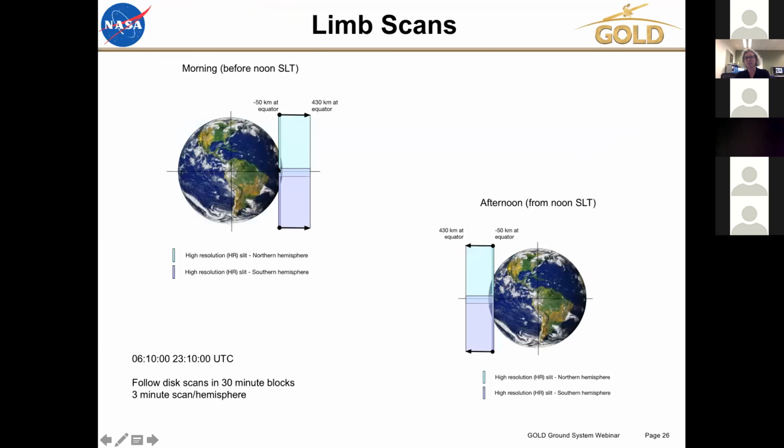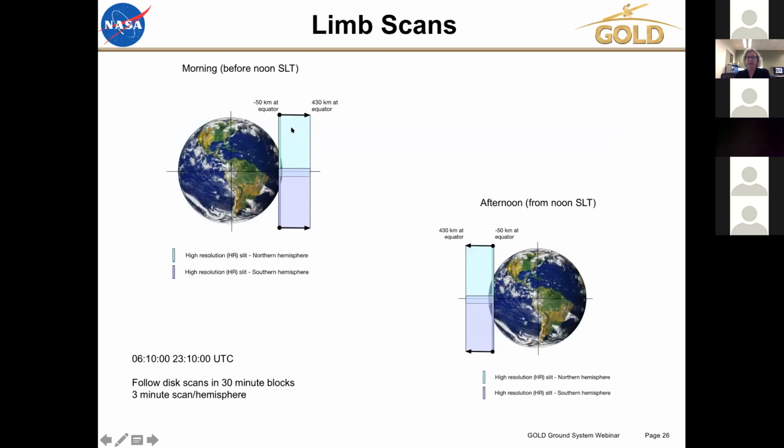And that's the measurement at the equator, because you can see, because Earth is round, or oblong shape, the elevation here at this latitude is more than 430 kilometers. So that's why we're measuring that at the equator.